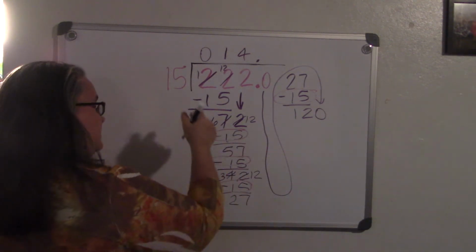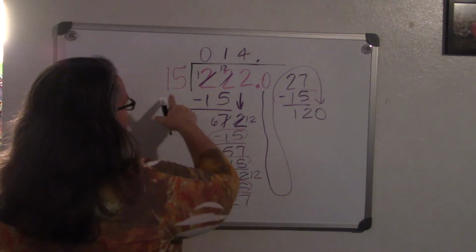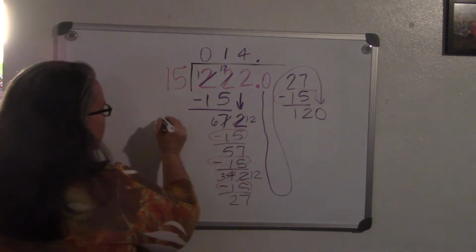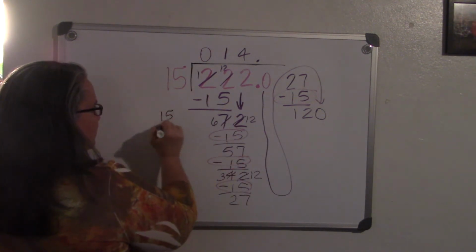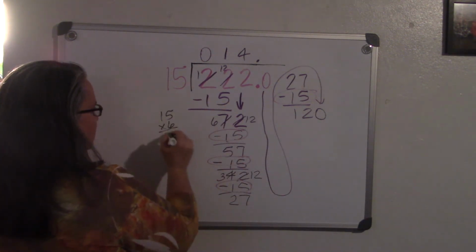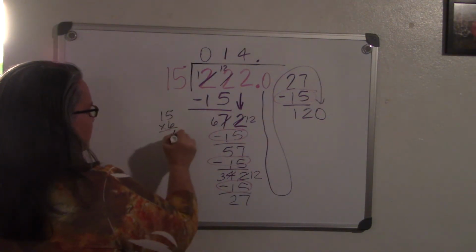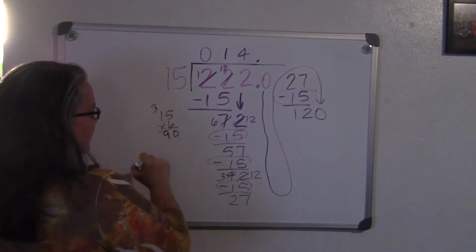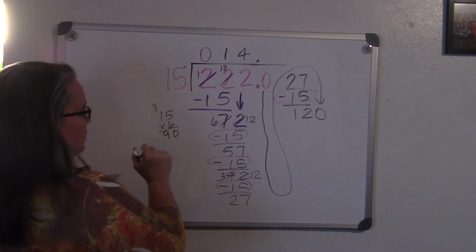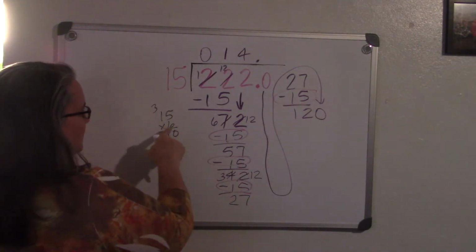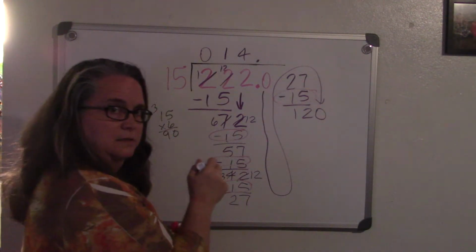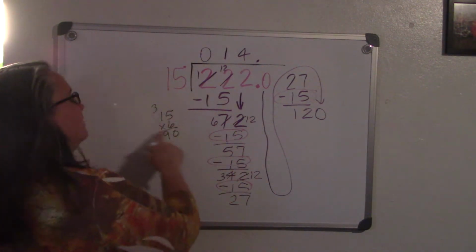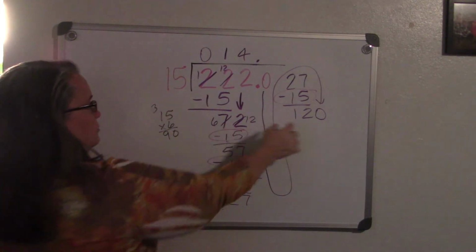I know 15 times, I'm going to try 6. 15 times 6. That gives me 90. So, knowing that, I'm going to try 8. Okay, guys, I'm going off just common knowledge saying that this is close to here.